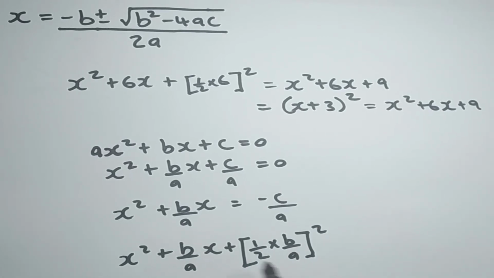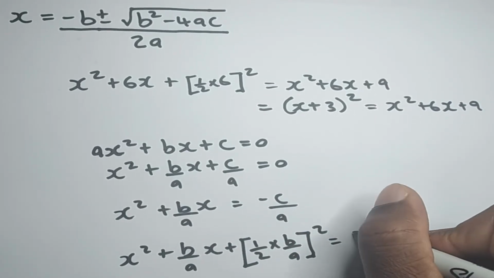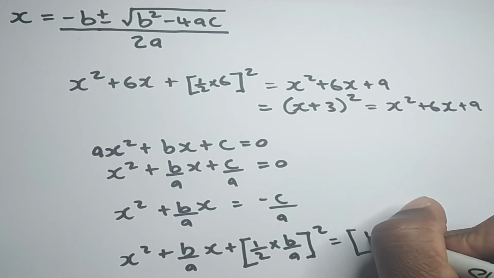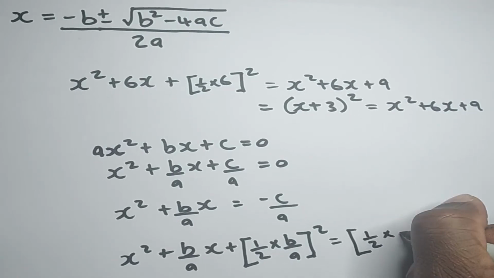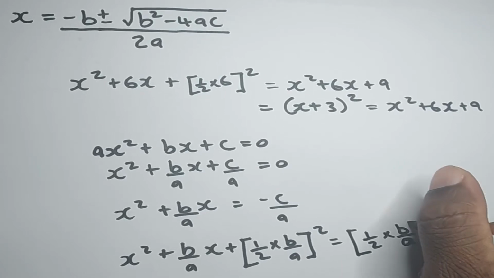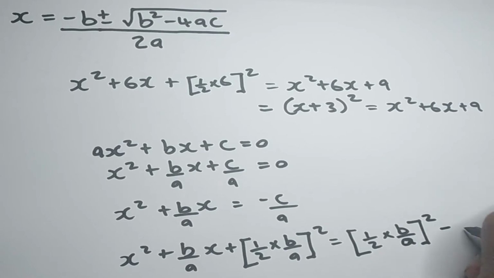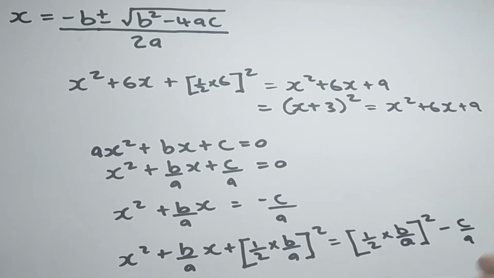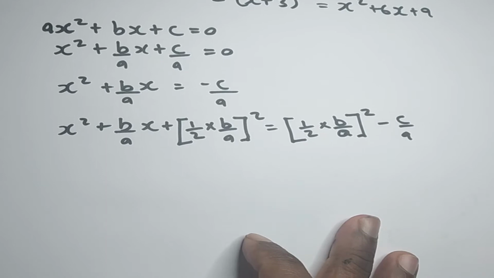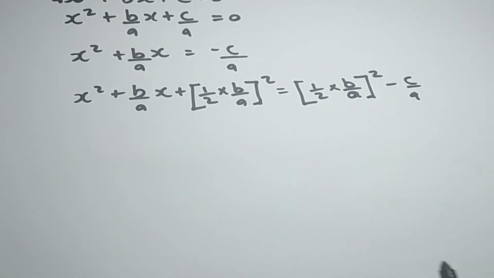And remember, we didn't always have this in the equation, so if we add this to one side, then we must do the same thing to the other side. So I'm going to put it at the front right here, b over 2a all squared, and we still have the minus c over a. Ensure that we have all of that in there. So this is where we're at.